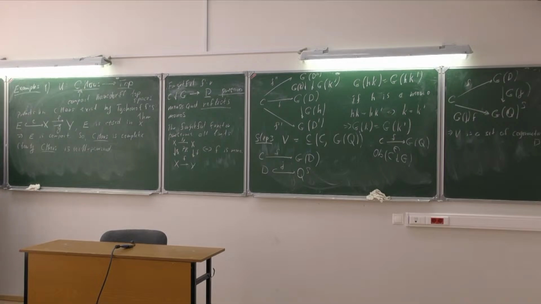Sorry, what's the question? The fact that E is closed is always the case? Well, it follows from the way we describe equalizers in the topological spaces. Yeah, so the only question that remains is to show that this category has a cogenerator. So what's a cogenerator in this category?